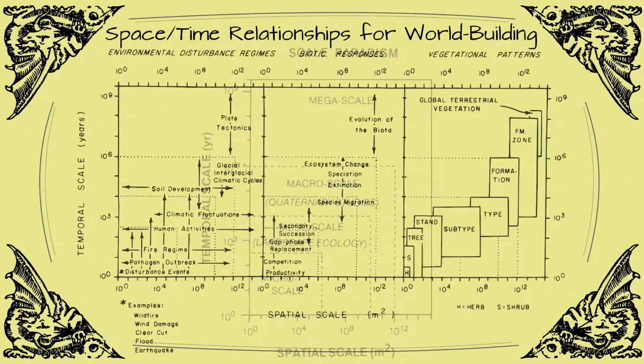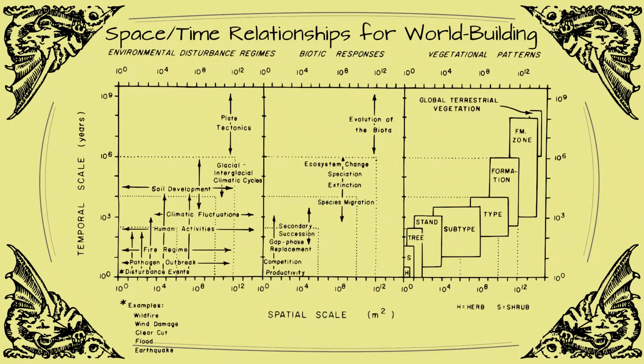So in this next slide, we're looking at that same scale applied to different areas of analysis: environmental disturbance regimes, the biotic responses, and the changes in vegetational patterns. We're looking at the scale of time on the left or right hand axis, and the scale of space on the top and bottom axis, and they're the same numbers.